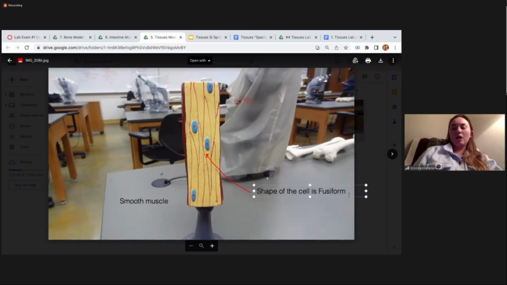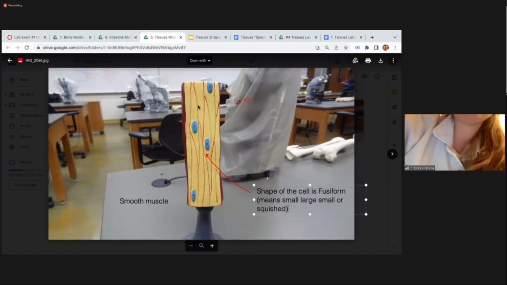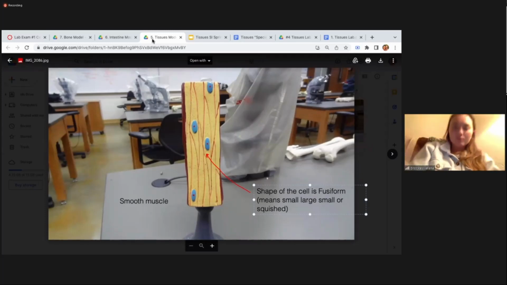So what is the shape of the smooth muscle cell? Fusiform. This means small, large, small, or like squished. Good. That's all you need to know for this model. Very simple and straightforward.